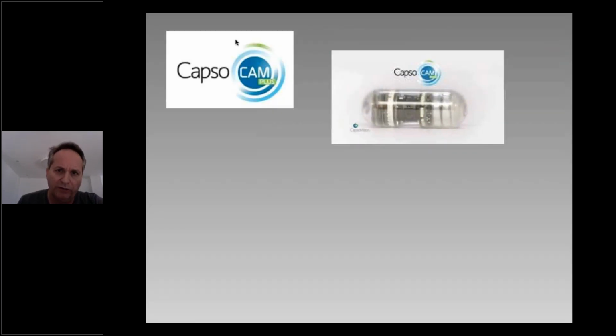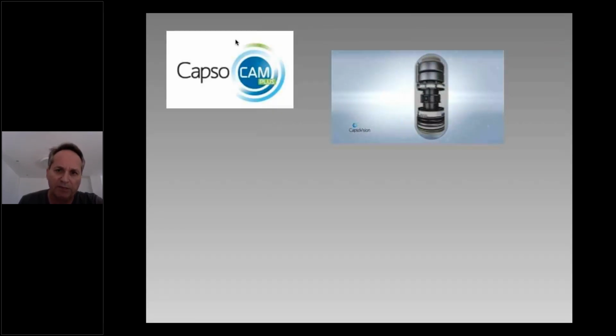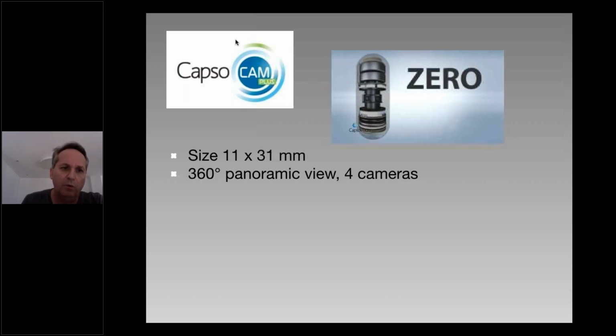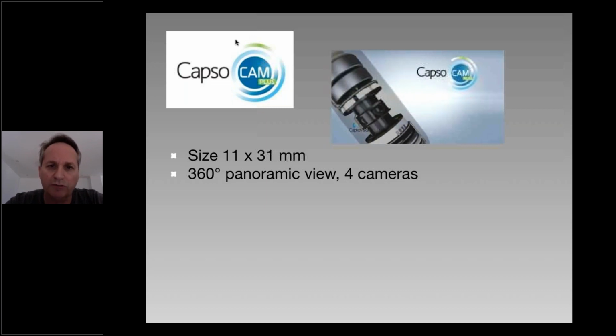So what are the features of the CapsoCam Plus capsule? We have a size of 11 by 31 millimeters. We have a 360-degree panoramic view because of 4 cameras.